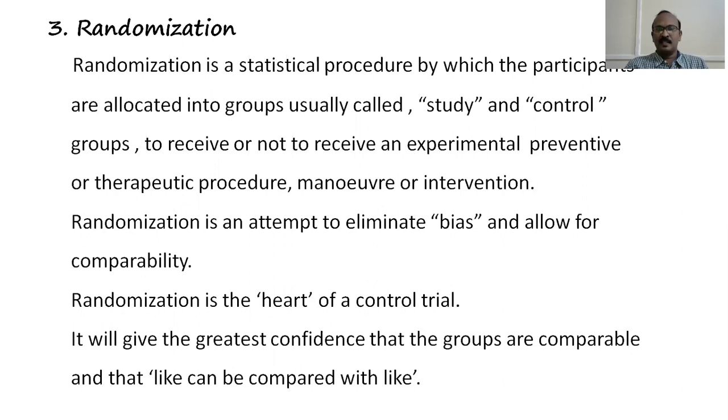But what is bias? Bias is any systematic error associated with the cause and effect. Randomization is the heart of a controlled trial. It gives the greatest confidence that groups are comparable and like can be compared with the like.